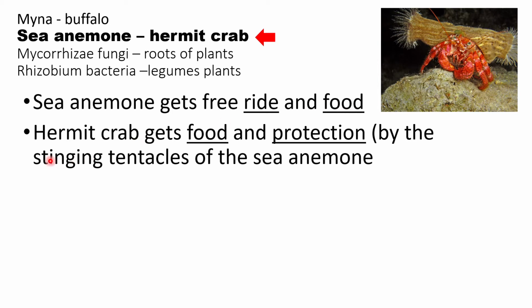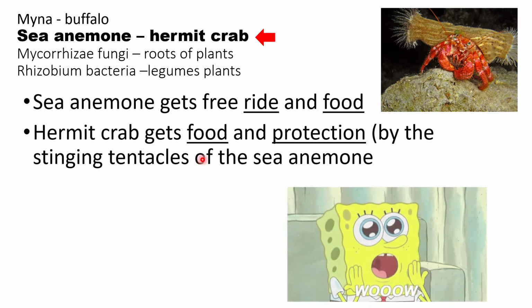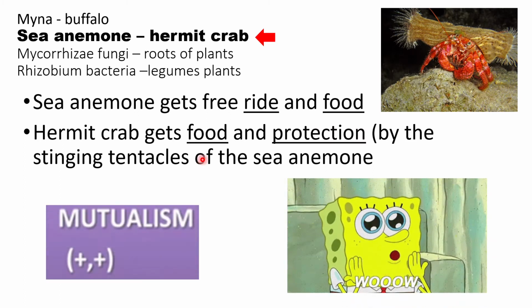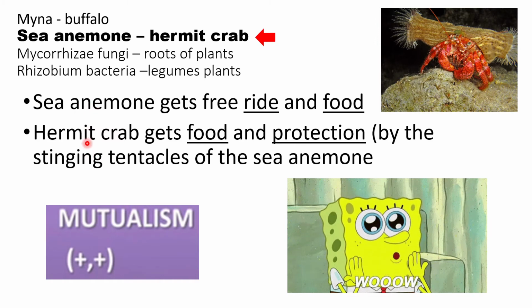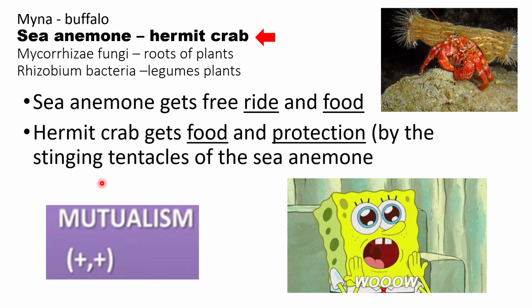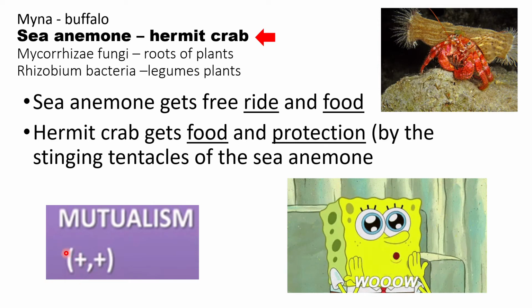Whereas the hermit crab, in return, they get food and protection by the stinging tentacles of the sea anemone. Jadi mereka ini terlindung, hermit crab. Dapat protection, dapat food juga. So therefore, we say again, they are benefiting from this relationship. Dua-dua jenis organisma ini mendapat kebaikan positif.